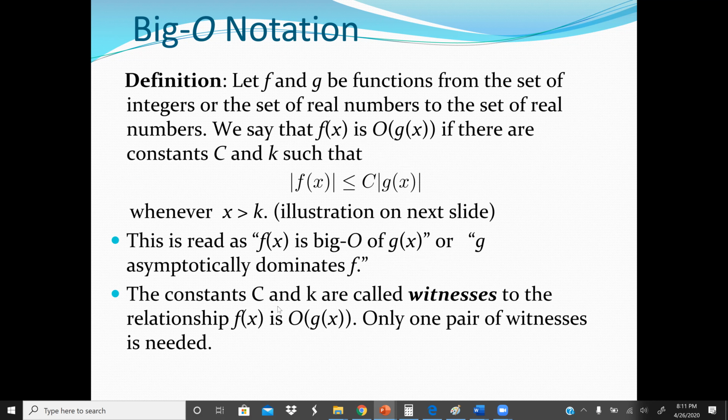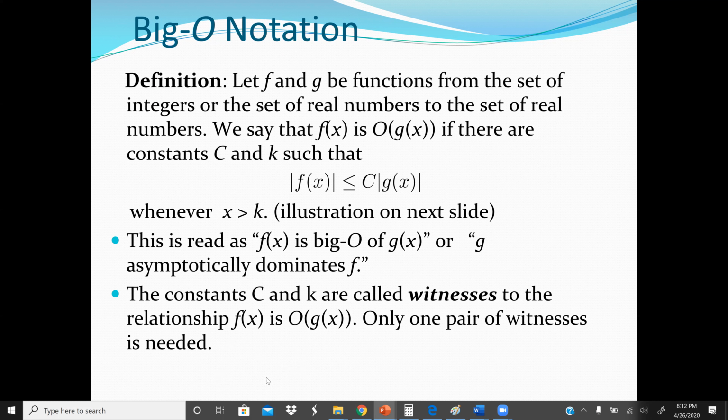So the constants C and k, we normally use the term witnesses, or they are called the witnesses to the relationship f(x) is big O of g(x). Again, only one pair of witnesses is needed always.